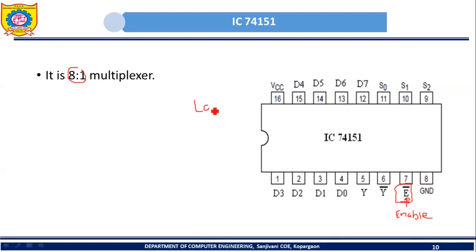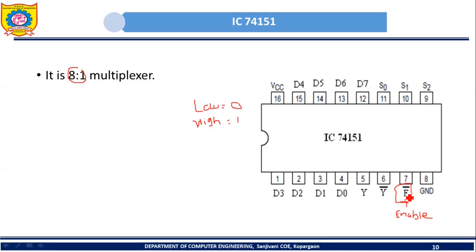When I say some input pin is active low, it indicates that that particular pin will be activated when we apply logic 0 to it. When some particular pin is active high, it indicates that that pin will be activated if we apply logic 1 to it.